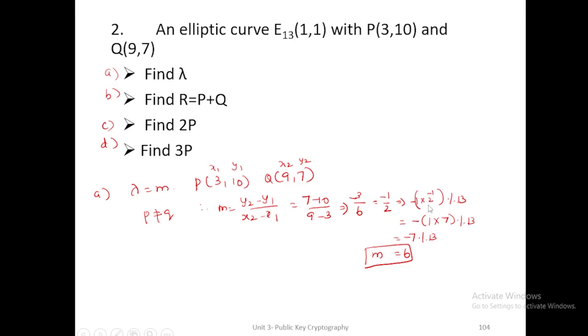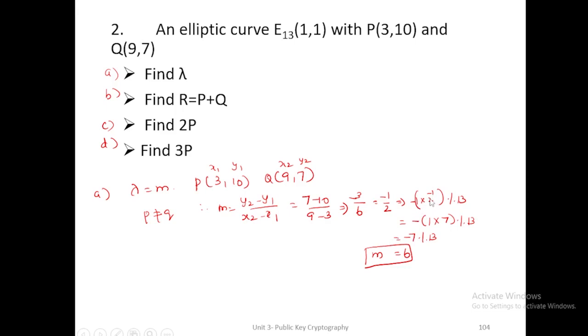The point should be relevant to the prime number p. So here the prime number p is 13, so you should do the modulus operations. That means the slope value should be less than 13, so the slope may be from 0 to 12. So I am writing here minus of 1 into 2 inverse.